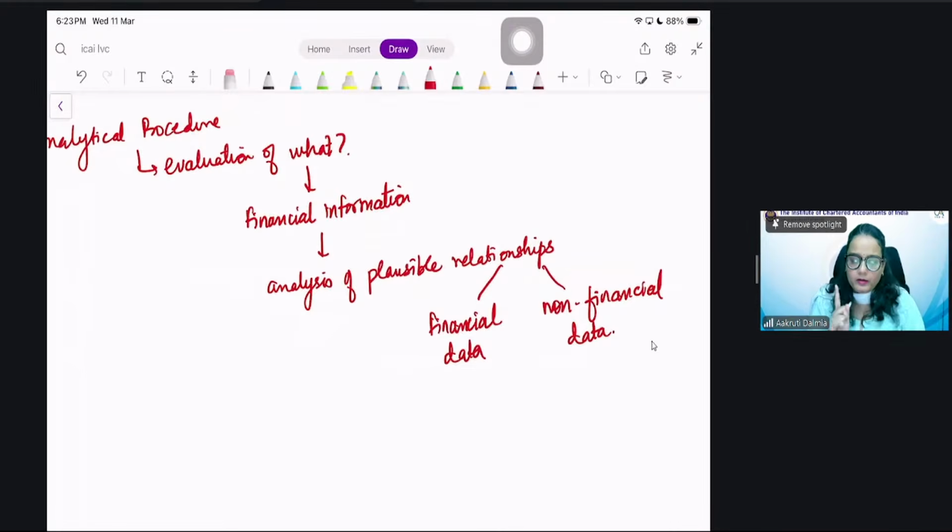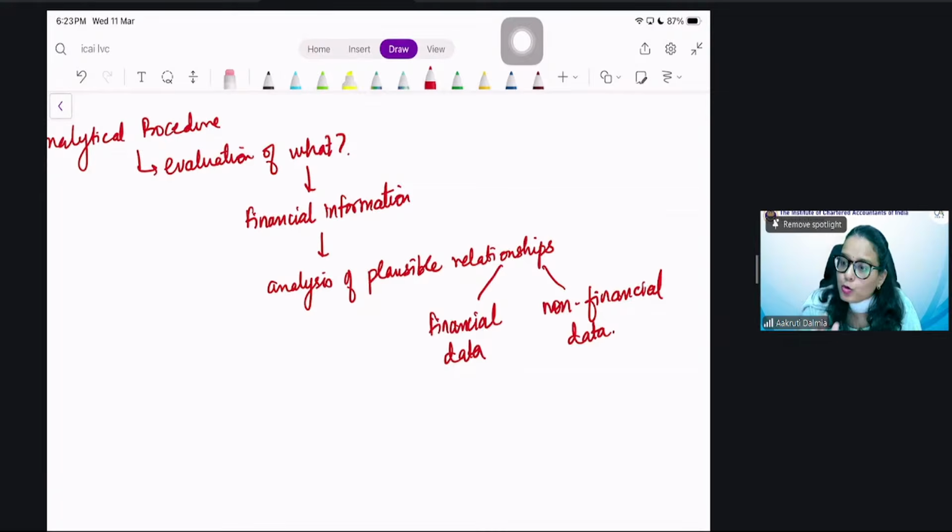This is one part. Now there's a second part of the definition. First part is clear? Everyone? Please pay attention to the class today. You're learning something very important that will help you in your whole life as an auditor, not just to clear your intermediate. Analytical procedures help you become a good auditor.